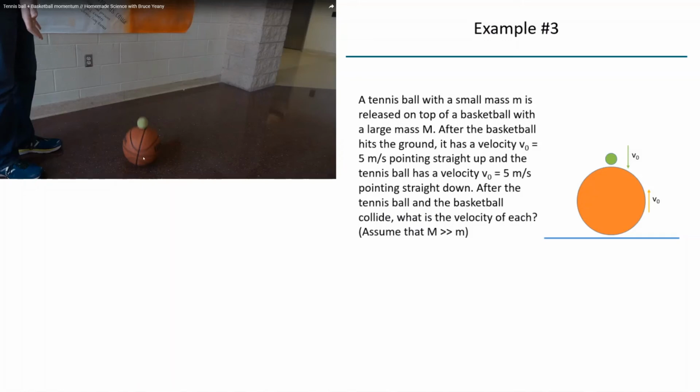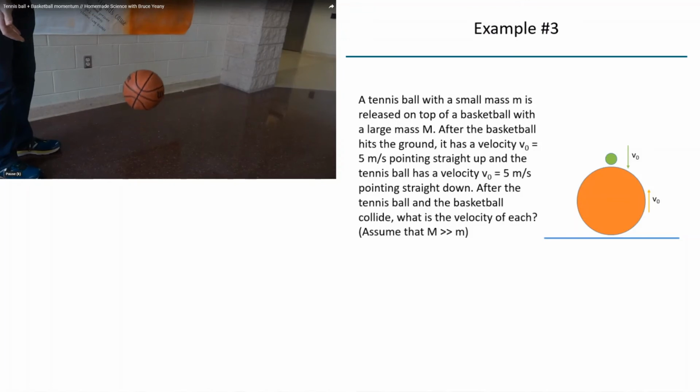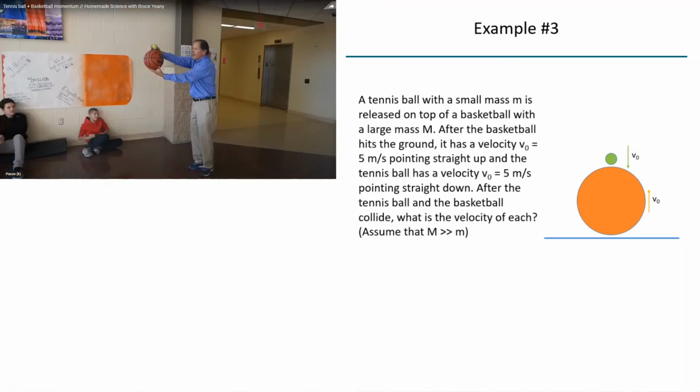So at this instant between when the basketball hits the ground and bounces up and the tennis ball hits the top of the basketball, the basketball will be going up and the tennis ball will be going down. And we're going to say they're both going with the same speed, 5 meters per second, but one's going down and one's going up. They bounce, and after they collide, the tennis ball gets launched way up into the air by the basketball.